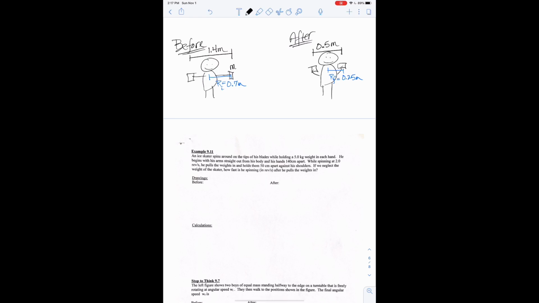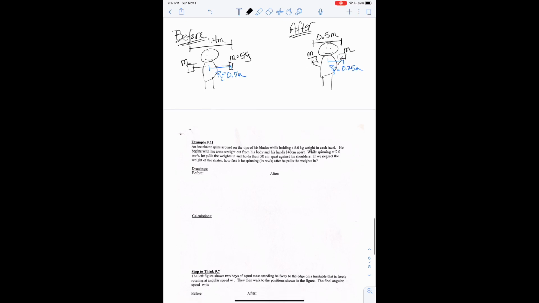So I can just write m equals 5 kilograms, and that's true of both masses. This is also m, and the mass doesn't change. But the moment of inertia is going to change, just like we saw before. I think they tell us that the person is initially spinning with a frequency of 2 revolutions per second.